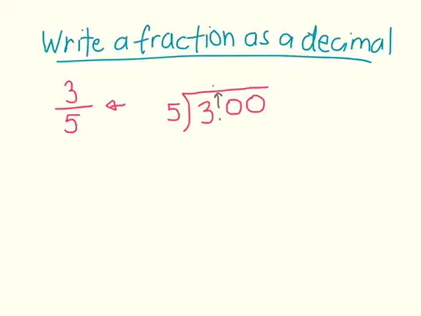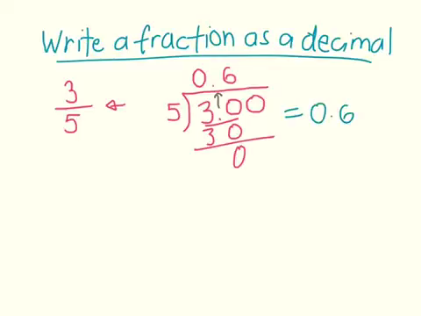So 5 does not go into 3, it goes in 0 times, but into 30, 5 goes 6 times, and it goes in evenly with a 0 remainder. And so therefore we're done, and 3/5 written as a decimal becomes 0 and 6/10.